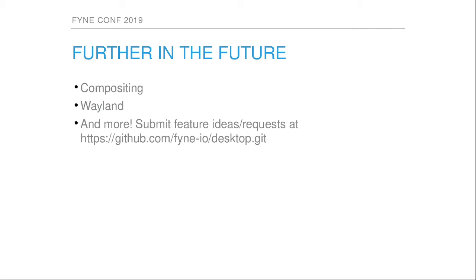You can also find us in the Gopher Slack, which our website, Fyne.io, has an invite link to. And you can just come into the Fyne desktop chat and talk with us, and we'll be happy to help you get started or listen to any feedback, criticism, anything you have. We'd be glad to hear it and talk through it with you.